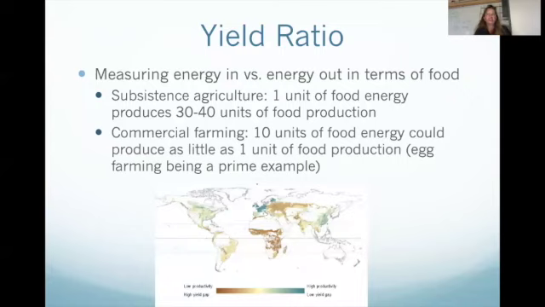So what does this mean? Subsistence agriculture uses a low amount of energy, machinery, and chemicals, and usually produces a high yield of food. But when we do commercial farming, because we've got all of this labor involved and all of this machinery and all these fossil fuels, we have a high energy input for sometimes very low food output.